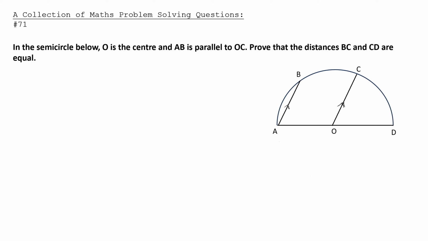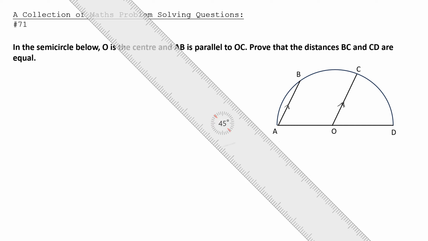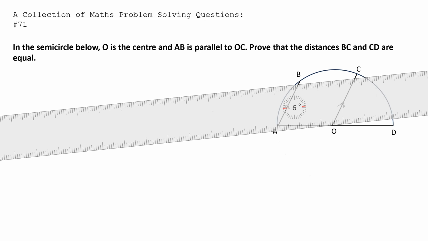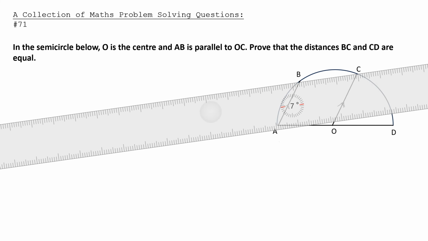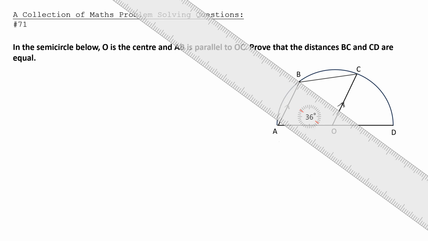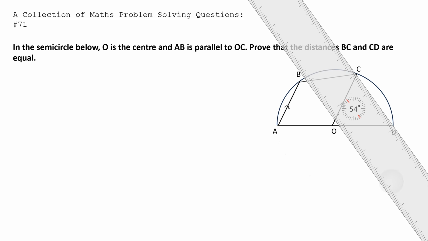So if I join BC and CD, so that's BC and then CD.